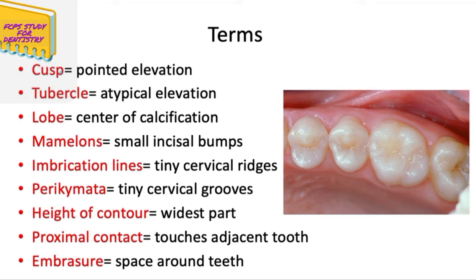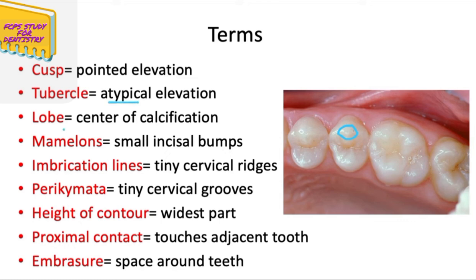So a cusp is a pointed or rounded elevation or mound on the crown of a tooth. A tubercle is a small elevation on a tooth due to extra formation of enamel, so it's a deviation from normal.